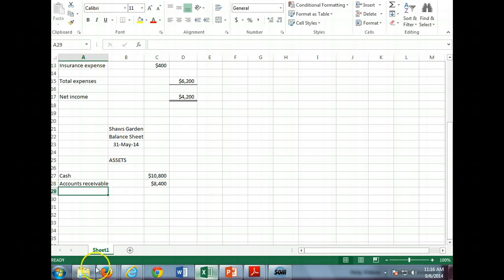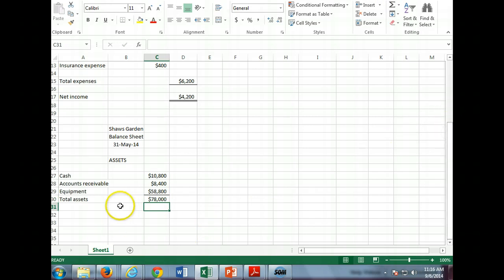What else is an asset? Equipment. How much? 58,800. So we have total assets of $78,000.